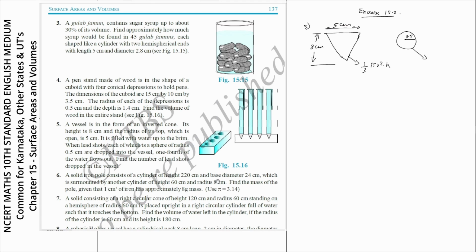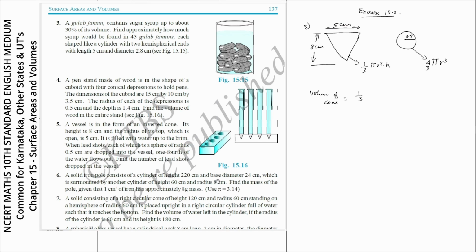And what is the volume of sphere? Volume of sphere is given by 4/3 pi r cube. Now let us find the volume of cone.